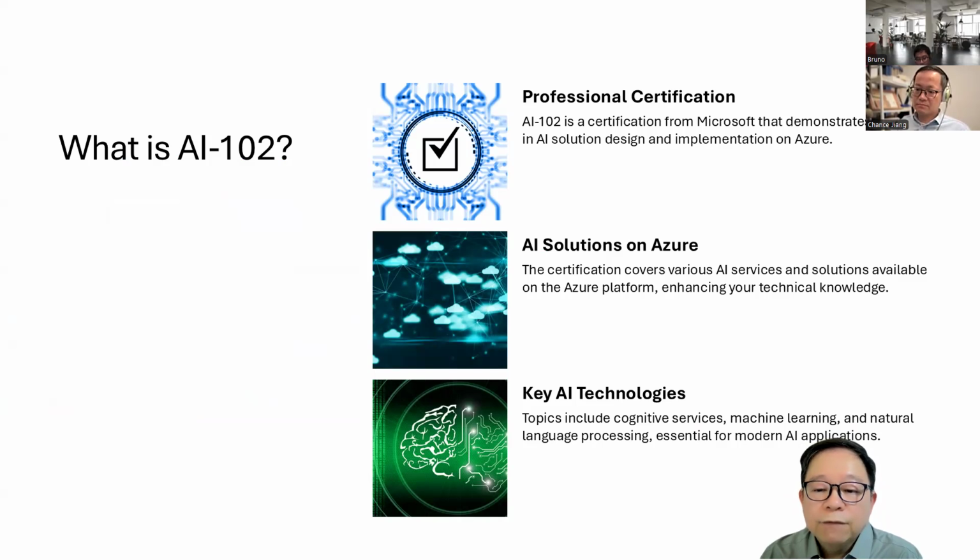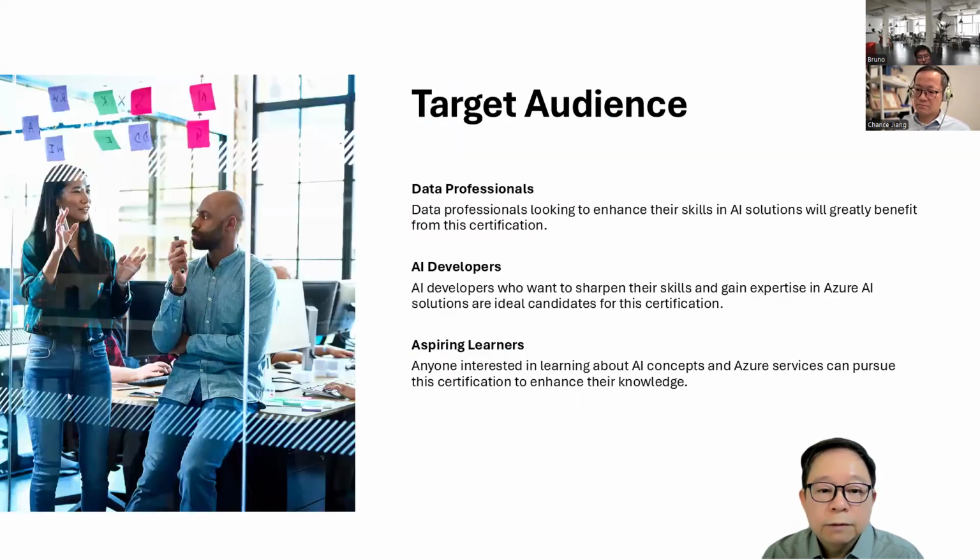This certification covers various AI services and solutions that we mentioned just now available on the Azure platform, and it will definitely enhance your technical skill. It covers all the main AI technologies, including cognitive services, machine learning, and natural language processing, essential for all modern AI application development.